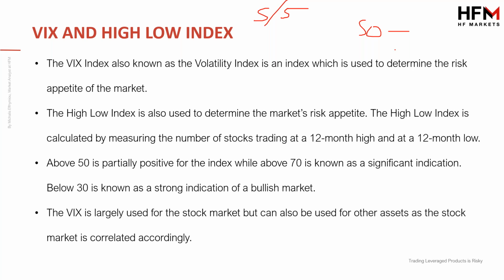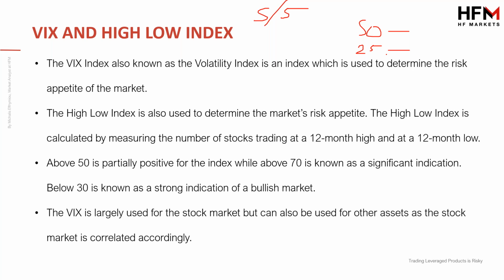Whereas if you've got 5 stocks at a 12-month high, and then you've got 10 stocks at a 12-month low, it will drop to a 25 level. So it's basically showing the index is low, and it's saying that yes, there's a lot more stocks at a 12-month low than there is at a 12-month high.